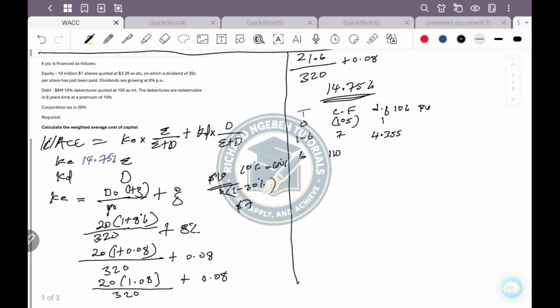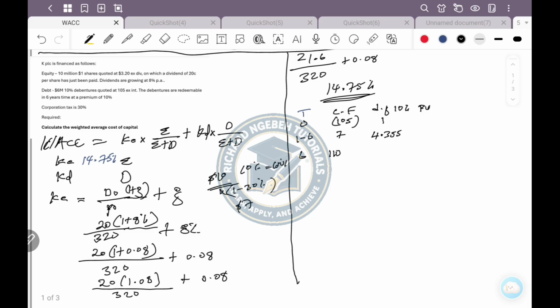But if the cash flow is not constant, then you have to use your normal present value table to discount. So for instance, here at the 6th year, you have 110 at which the debt was redeemed. So now go to your present value table.